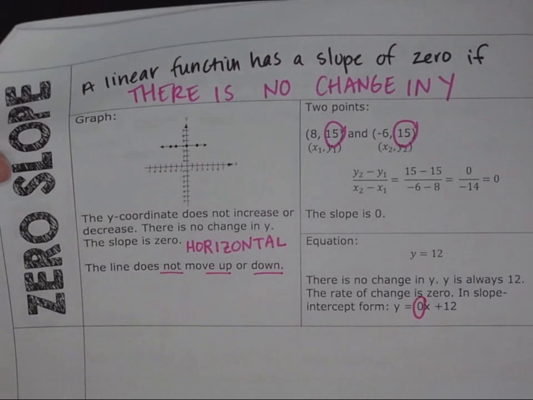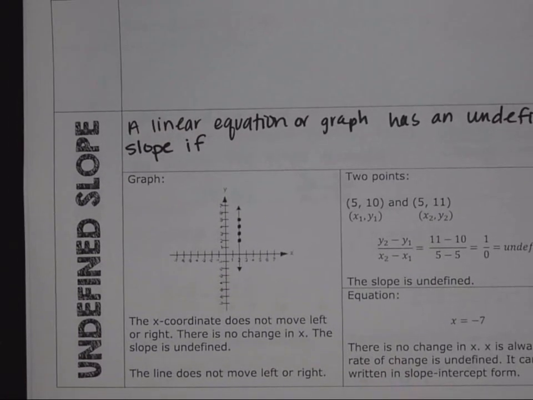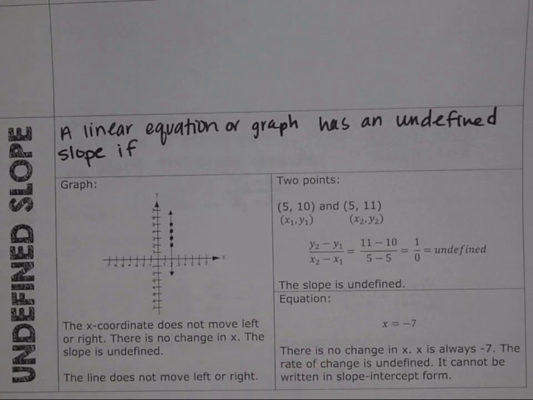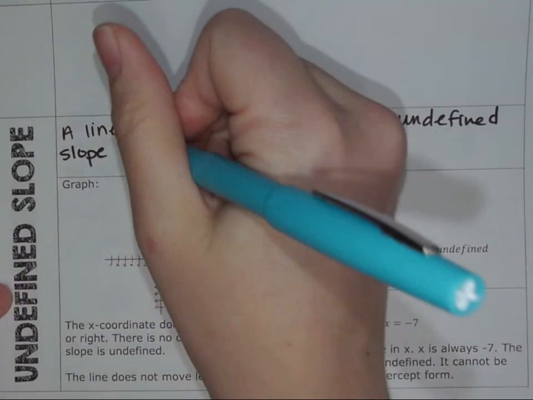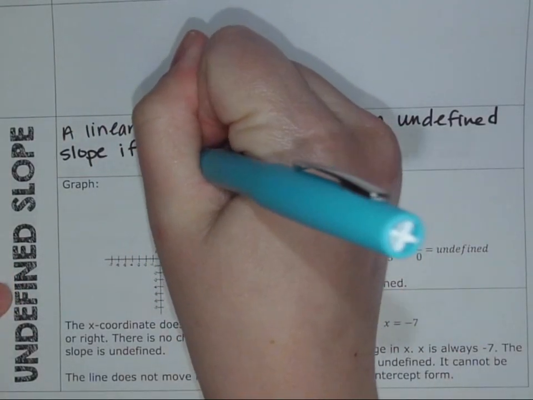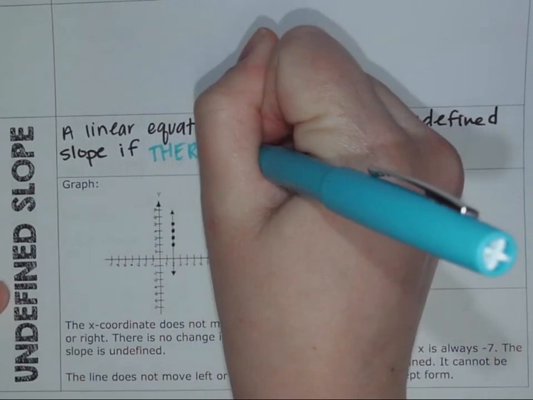What about an undefined slope? A linear equation or graph has an undefined slope if, well, what we said earlier was there's no change in y for a 0 slope, so for this one, if there is no change in x.